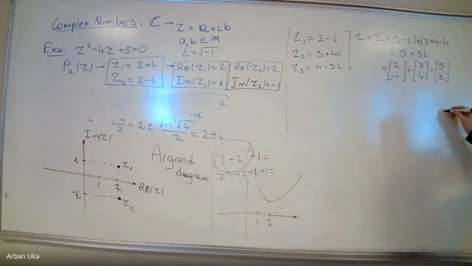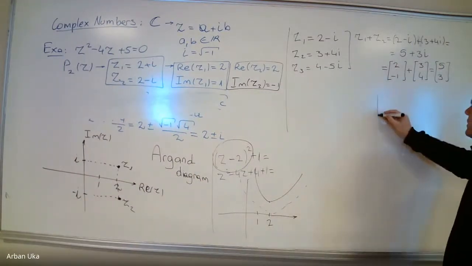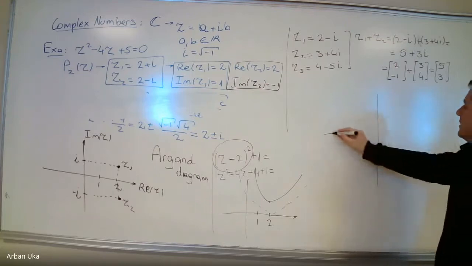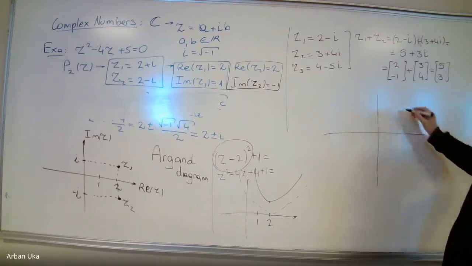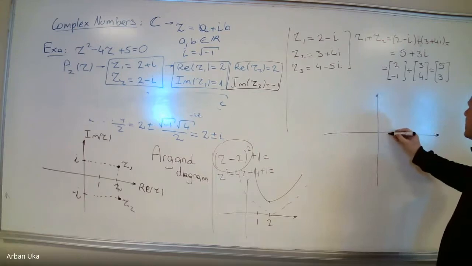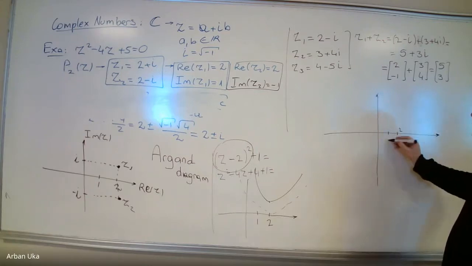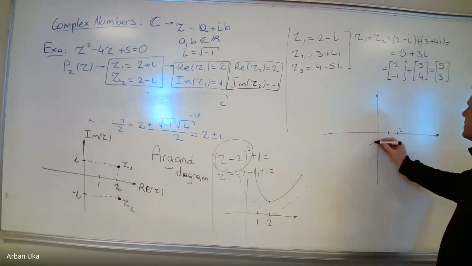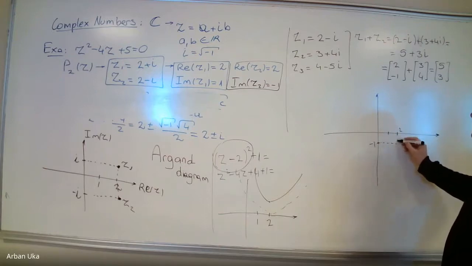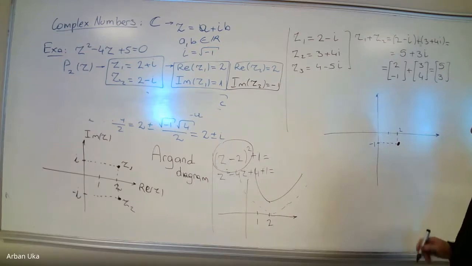We can see this part. Yes, we do. Okay. So the first number is 2 minus i. So this is 2 minus i. It's minus 1. It's here. So we have this number. The second number is 3 plus 4i.